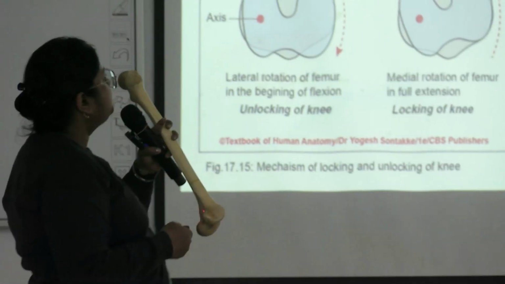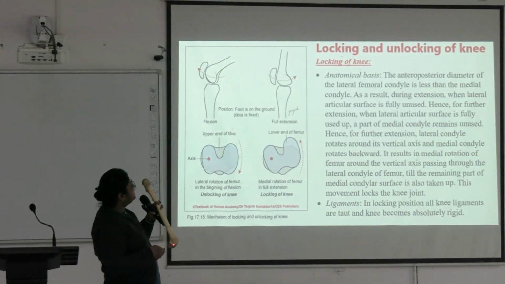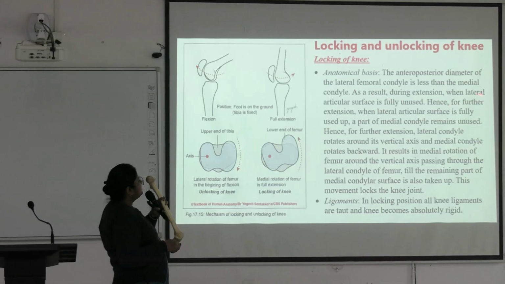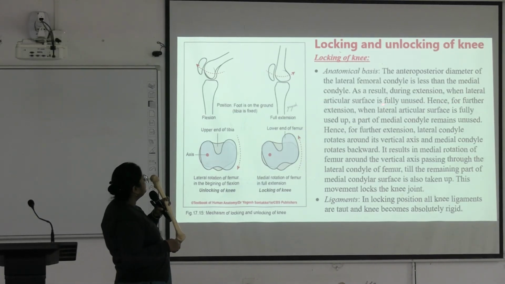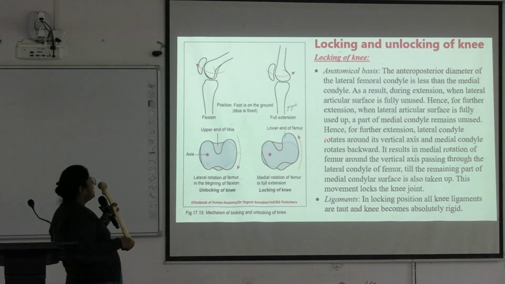So the anteroposterior diameter of the lateral condyle of the femur is less than the medial condyle, and as a result, during extension, when the lateral articular surface is fully used up, a part of the medial condyle remains unused.